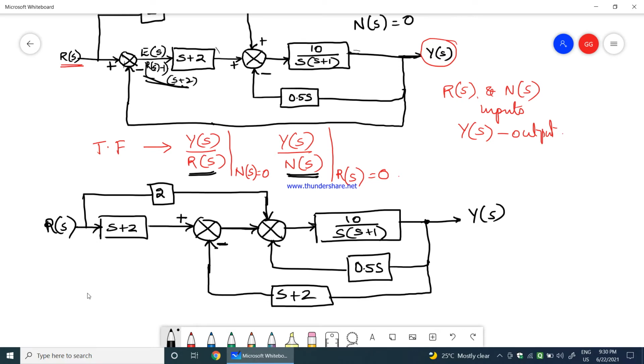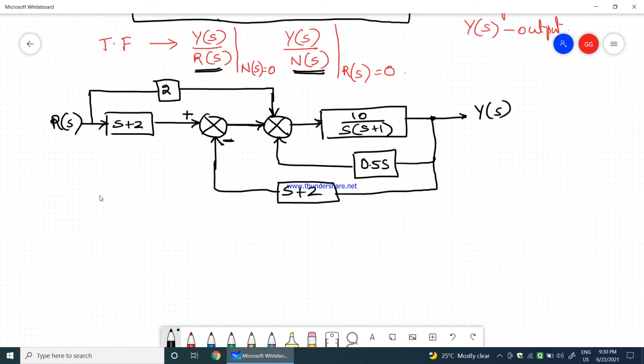Now, as we have two summing points here, I can just interchange them, because all are summing points. I can interchange the position of the summing points, or just change the position of these feedback paths, either giving here or giving here.